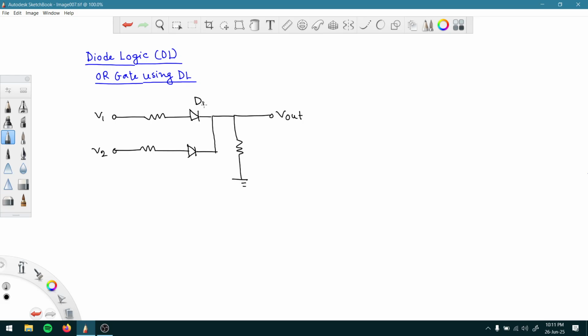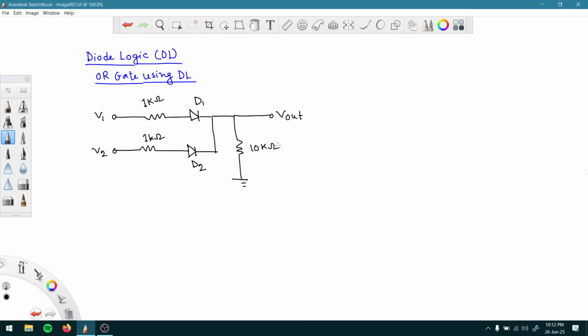Let us call this diode D1 and this one D2, and the value of the resistor should be 1 kilo ohm here and also 1 kilo ohm here. This is 10 kilo ohm. Okay, so this is the circuit. This is an OR gate built with the diode logic family.